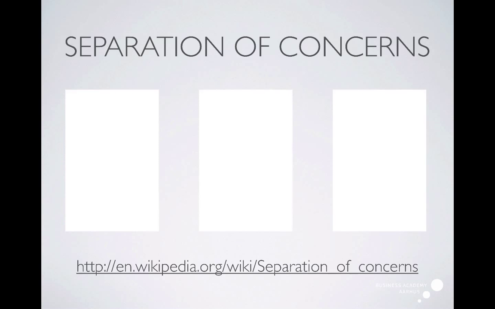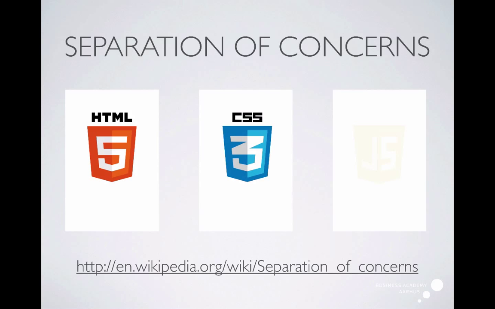We have, for example, the front end. We have HTML, CSS, and JavaScript, which we like to separate. We don't want to put CSS into our HTML, as in we don't want to make inline styling or embedded styling in our HTML, and likewise we don't want to put inline JavaScript in our HTML.